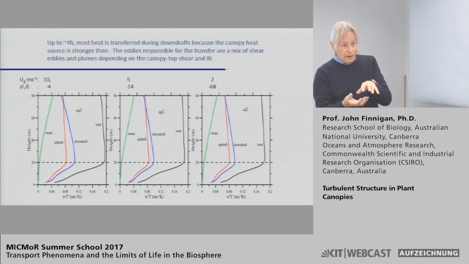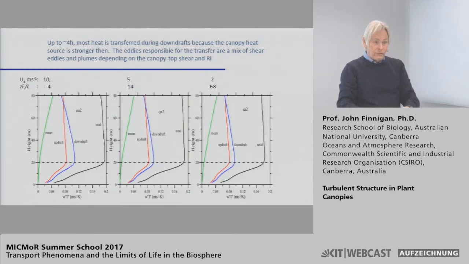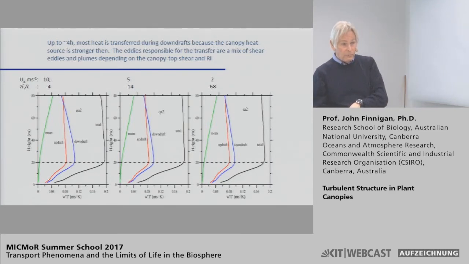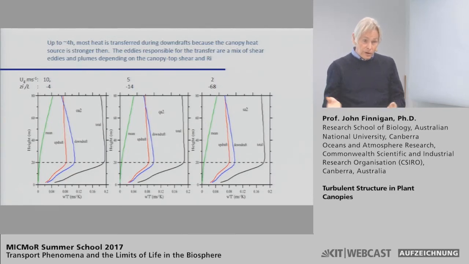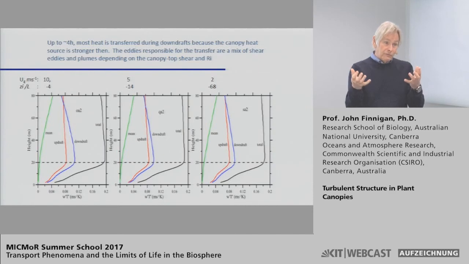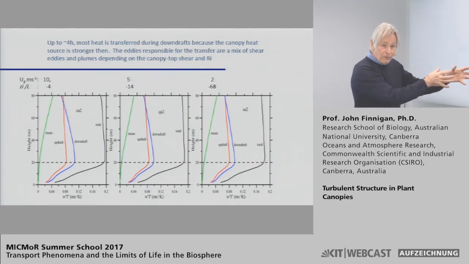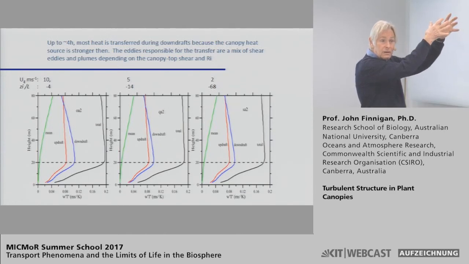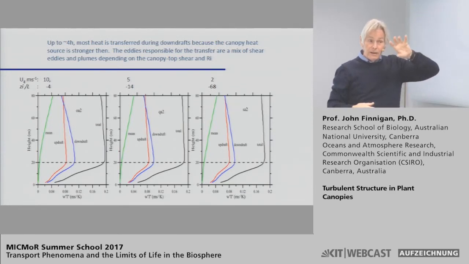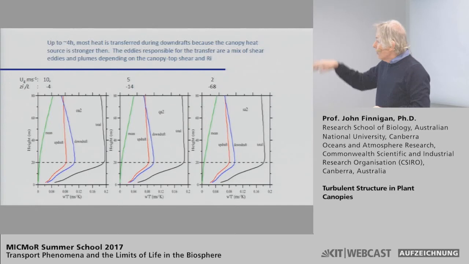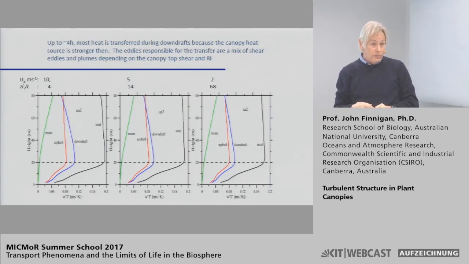But at canopy level, it's actually the downdrafts which bring cool air down in contact with the canopy, which maximize the leaf air temperature difference and increase the transfer of heat from the canopy into the air. Now, some of that moves sideways then and goes up into the up walls, but that doesn't actually take over heat transport until you're a few canopy heights above the ground.